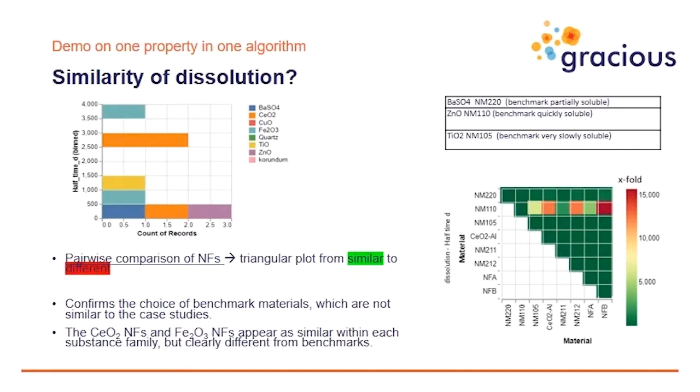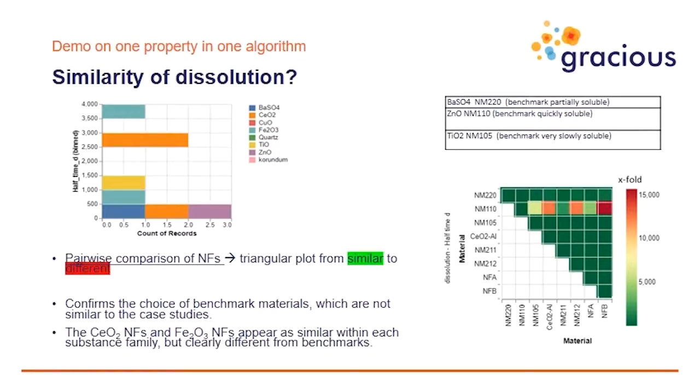We have the pairwise similarity matrix, where each cell represents the similarity value between a pair of materials, for example zinc oxide NM110 and titanium dioxide NM105, two types of ceria, and then barium sulfate and two iron oxides.